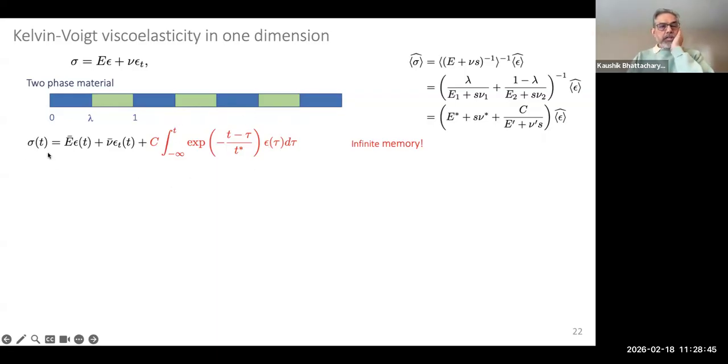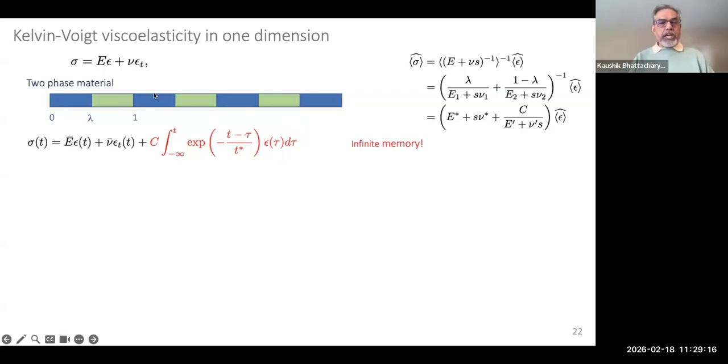So basically, I started with a material which at every point just depends on the strain derivative, but the effective behavior has an infinite memory. It remembers all prior strain histories. It's very bizarre. My local material only senses the rate, but my homogenized material remembers everything.